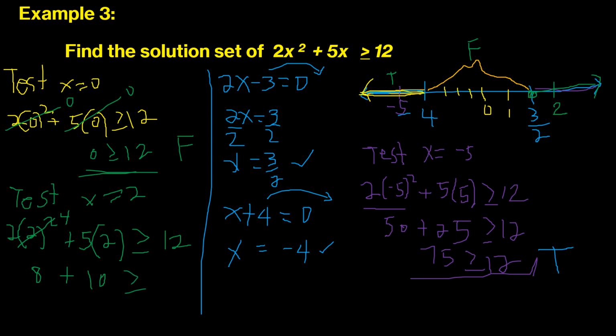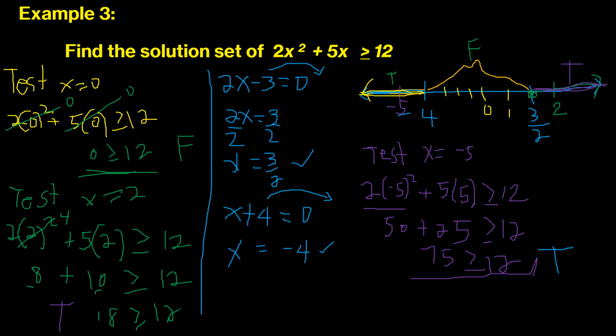Is 8 plus 10, which is 18, greater than or equal to 12? That's true. So this region, since 18 is greater than or equal to 12, is true. So this region will satisfy our inequality.